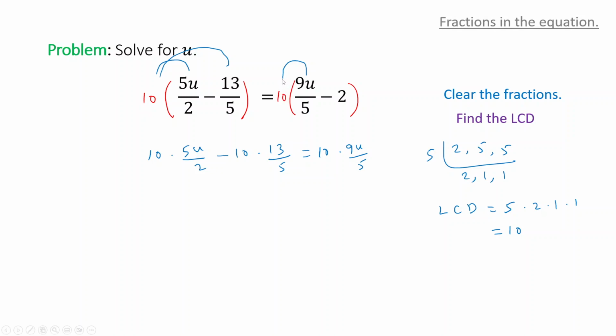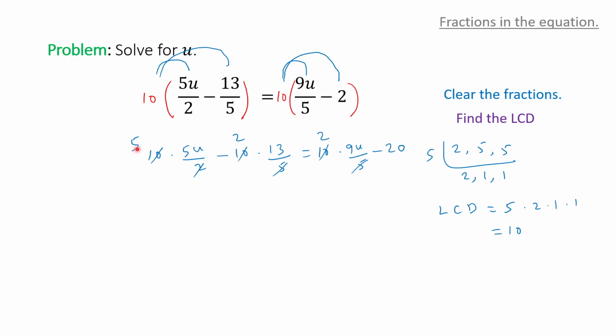Now beside this is a positive number, this is a negative number. If you multiply, you will get a negative number. 10 times 2, 20. Now divide 10 divided by 2, 5. 10 divided by 5, 2. 10 divided by 5, 2.